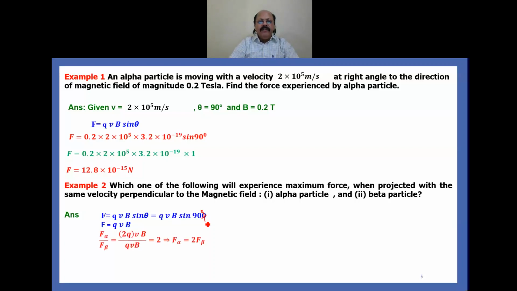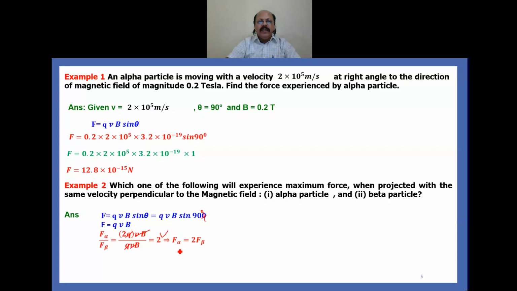Now F alpha is 2QVB and F beta is QVB. So you divide these: F alpha upon F beta equal to 2QVB upon QVB. Here you see that Q gets cancelled, V gets cancelled, B gets cancelled. So QVB gets cancelled, only 2 is left.